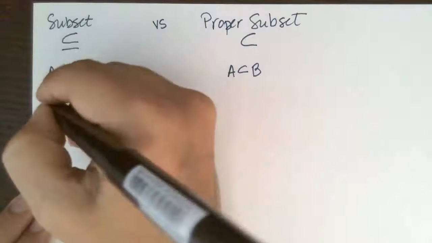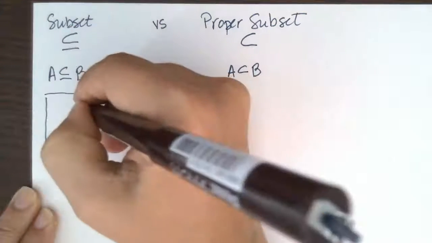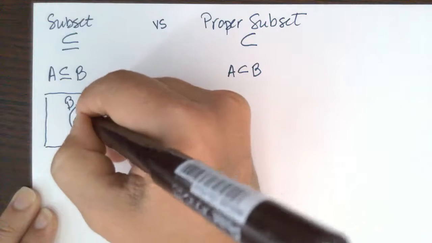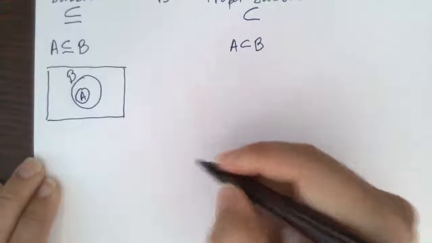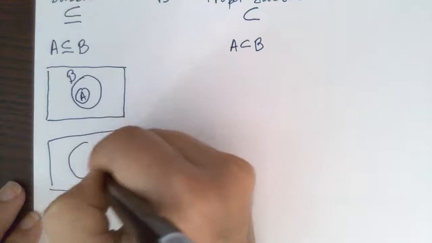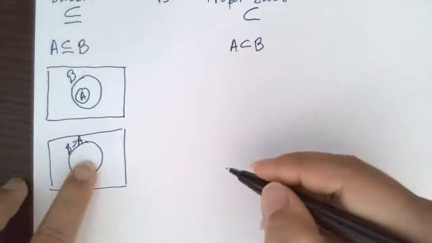So in terms of Venn diagrams, here is set B. A can be contained in B, or they are the same set.